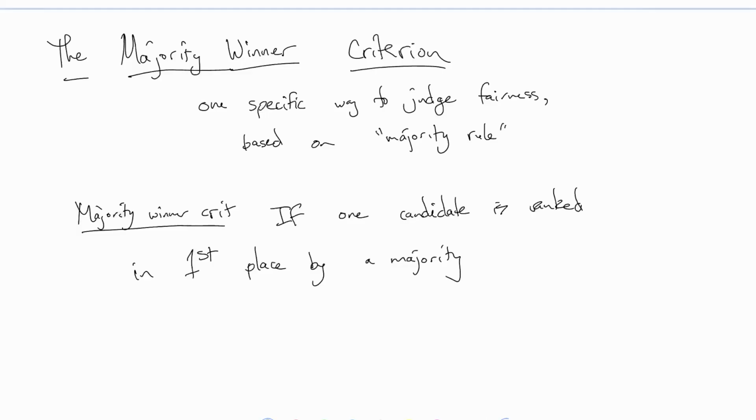It doesn't mean more than everybody else. Majority actually means more than 50%. So if one candidate is ranked in first place by a majority of voters, then that candidate should win the election.